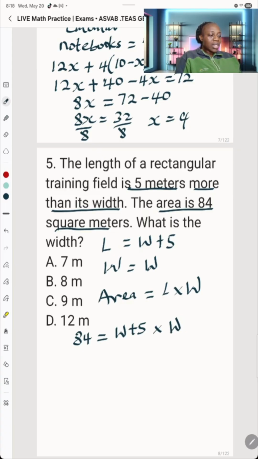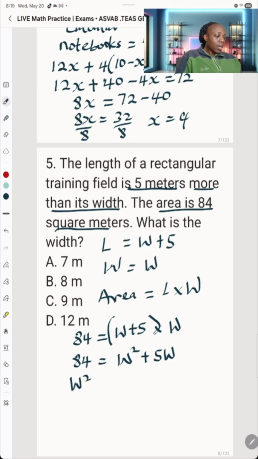In this case, it is inside parentheses, because the width is going to multiply the whole thing. So what do we have here? 84 equals width squared plus 5 width. So it's going to be w squared plus 5w.